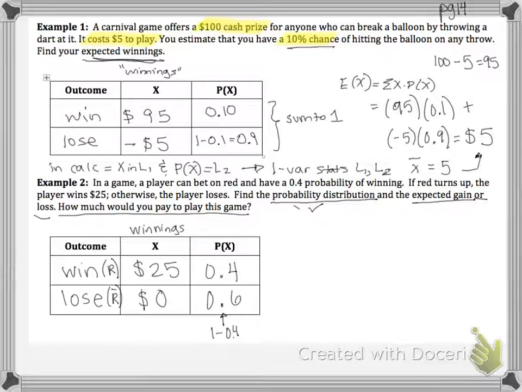So that's my expected value. So here I'm going to ask you to go to your calculator, enter the X values, or 25 and 0, into list 1, enter P of X, or 0.4 and 0.6, into list 2, and then please run through the steps that I listed above to calculate your 1-Var Stats using list 1 as your X list and list 2 as your frequency.